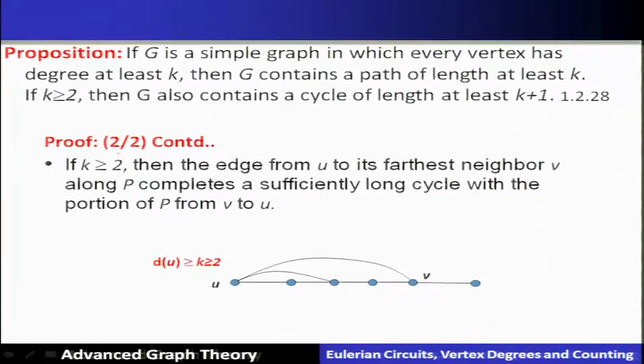Now, if k is greater than or equal to 2, then the edge from U to a farthest neighbor, let us say V along P, completes a sufficiently long cycle with the portion of P from V to U, and hence we have proved both the conditions of this proposition.